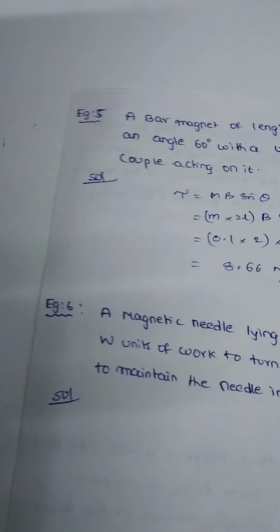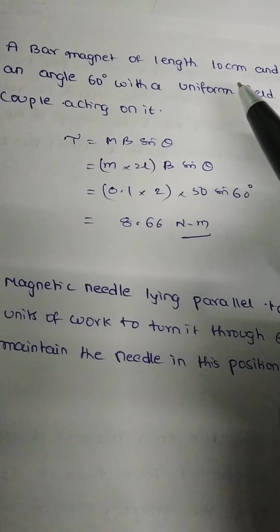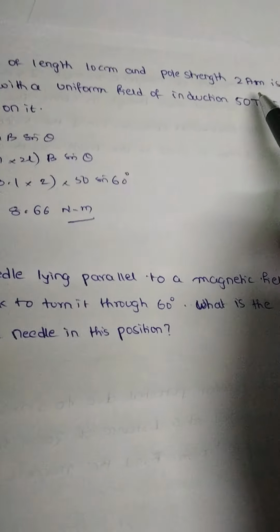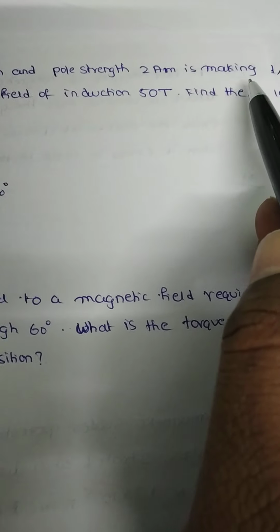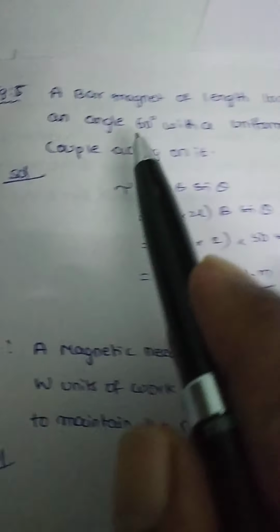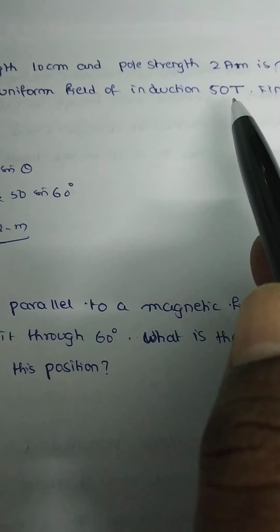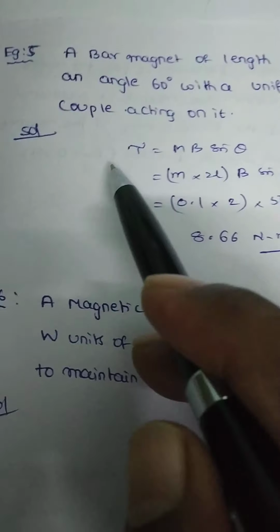Next, another example, the fifth one. Here a bar magnet of length 10 centimeters and pole strength 2 ampere meter is making an angle 60 degrees with a uniform field of induction 50 Tesla. Find the couple acting on it.